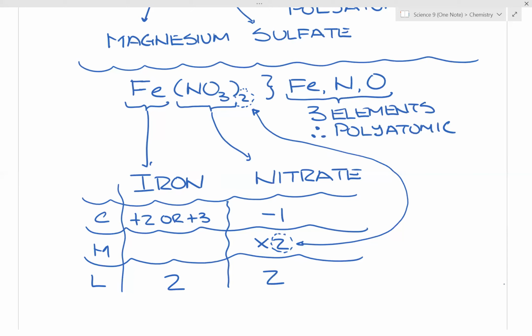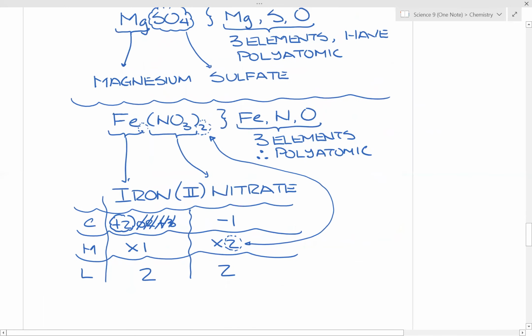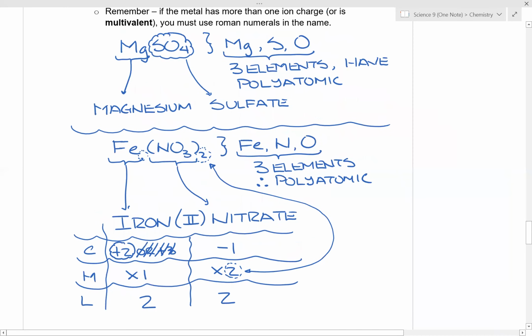So here, how many irons did I have? I multiplied it by 1 because there is no little number. So what times 1 gives you 2? The answer would be 2 here, and cross out the +3. So this would be iron 2 nitrate. Again, this is just an extra step in terms of if you have metals that have choices.